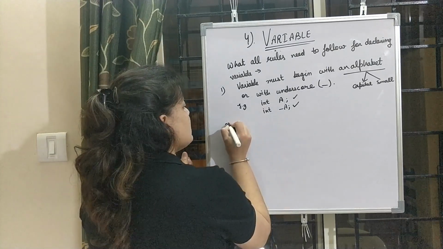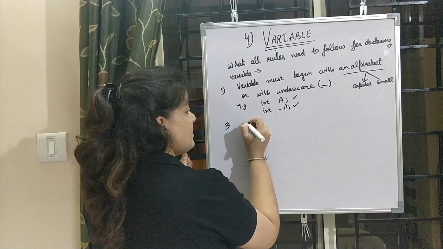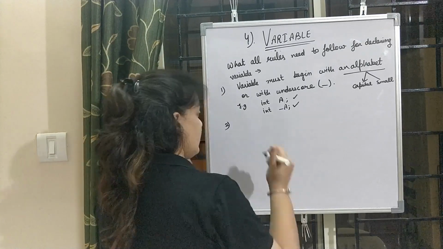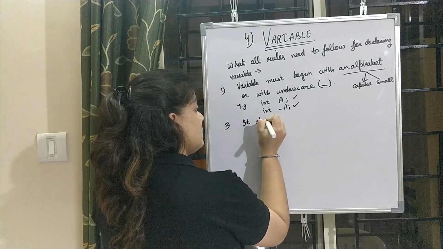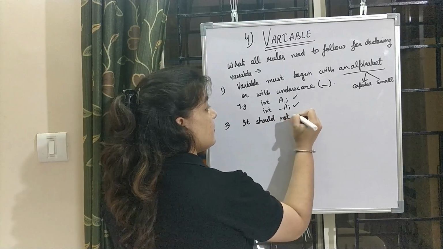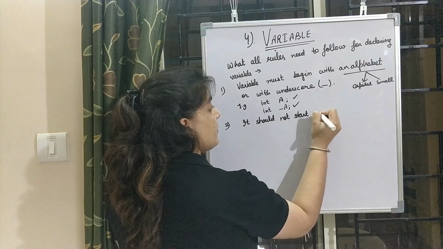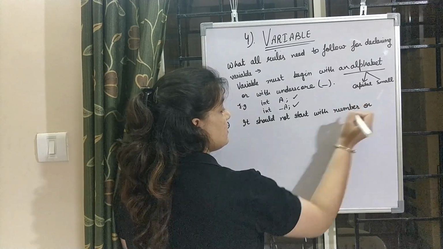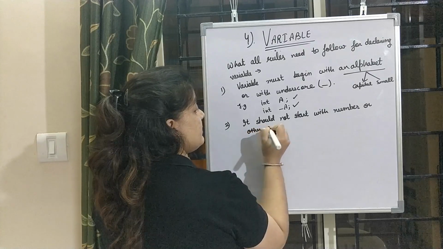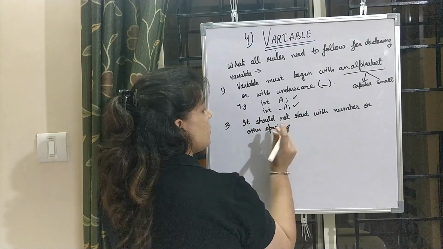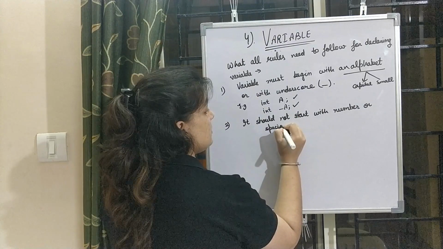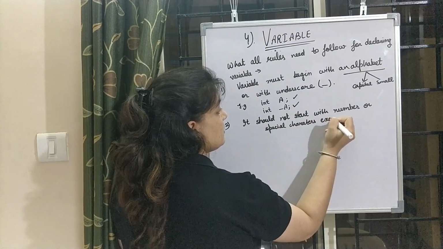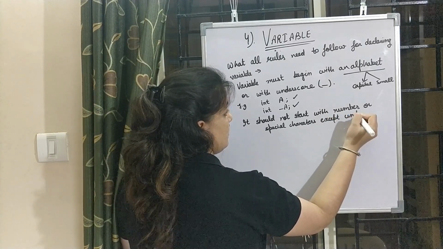The second rule is that a variable must not start with a number or other special characters except underscore.